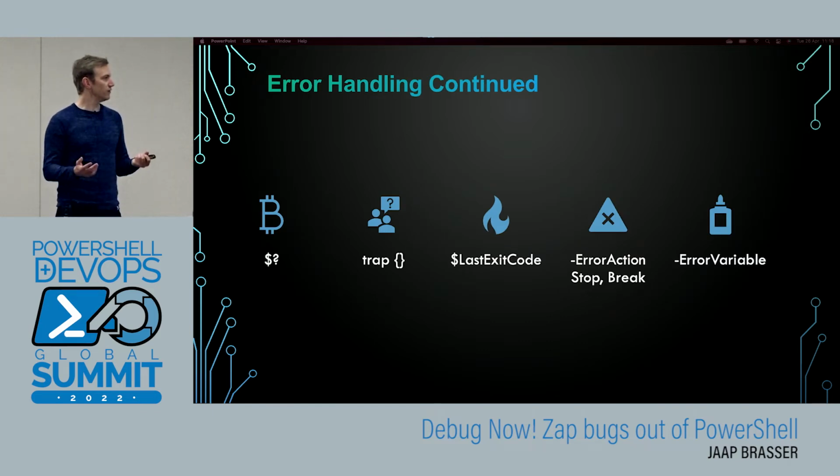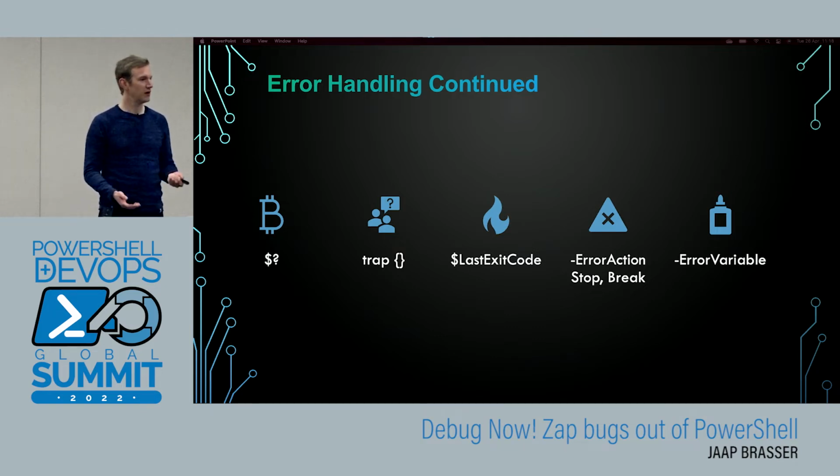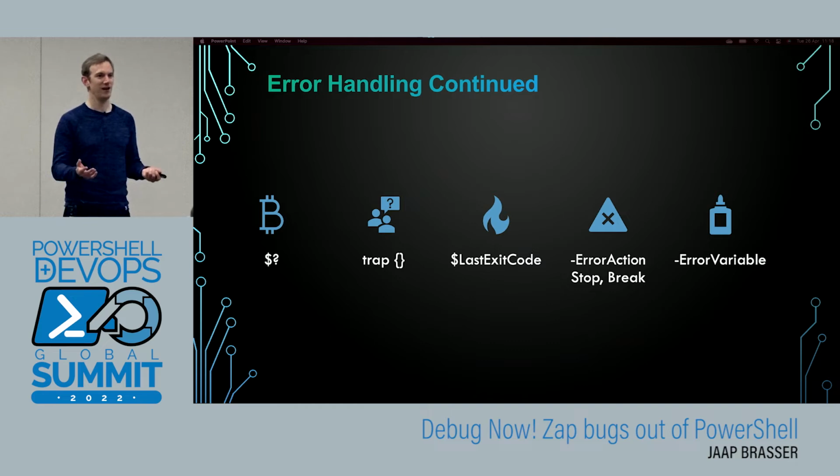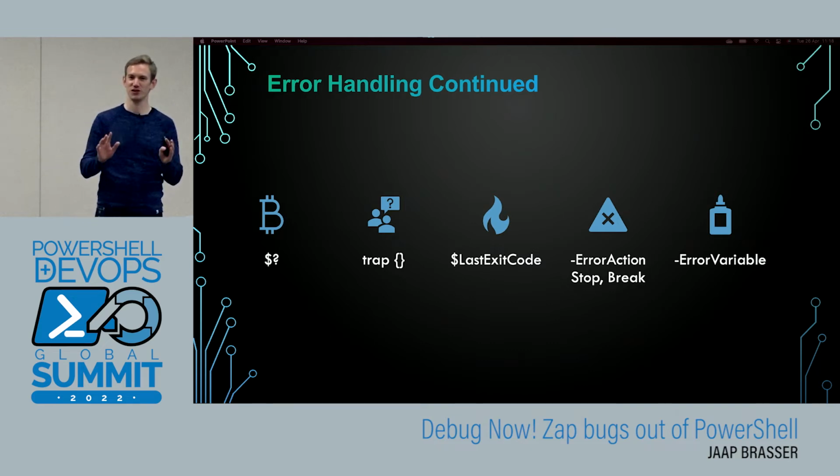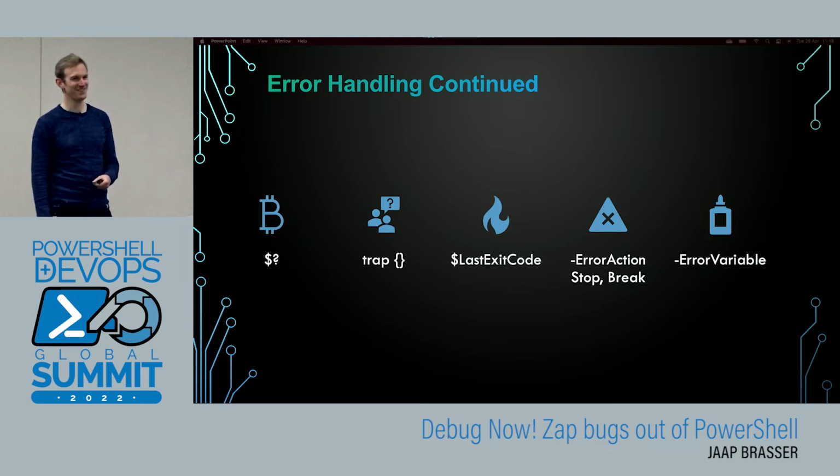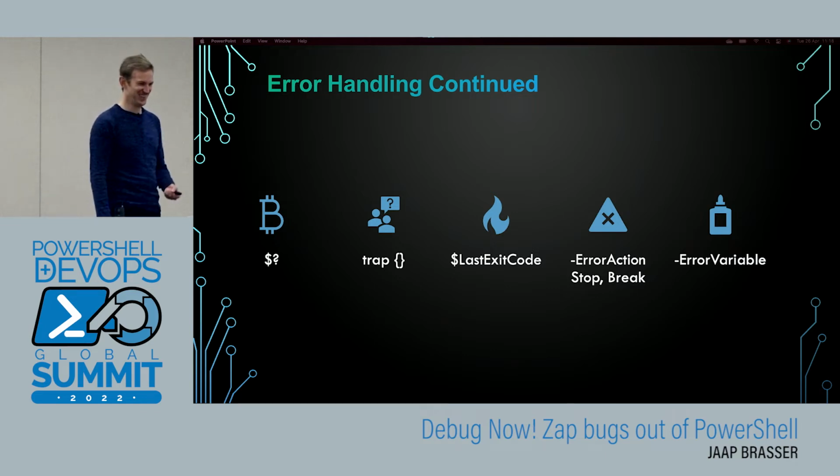The way we can handle errors, we have $?. I don't have any chocolate anymore, but whoever gets this one right, and you have to be someone whose name I don't know, because otherwise you're way too good at PowerShell. Yeah, you know who you are. What does $? mean?